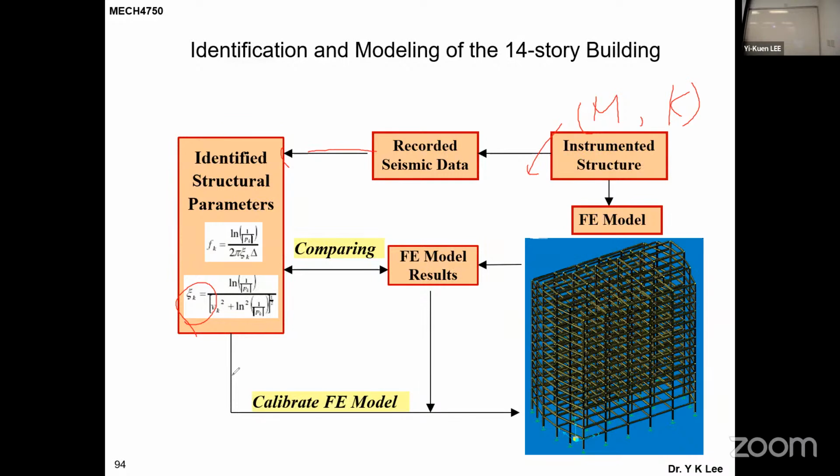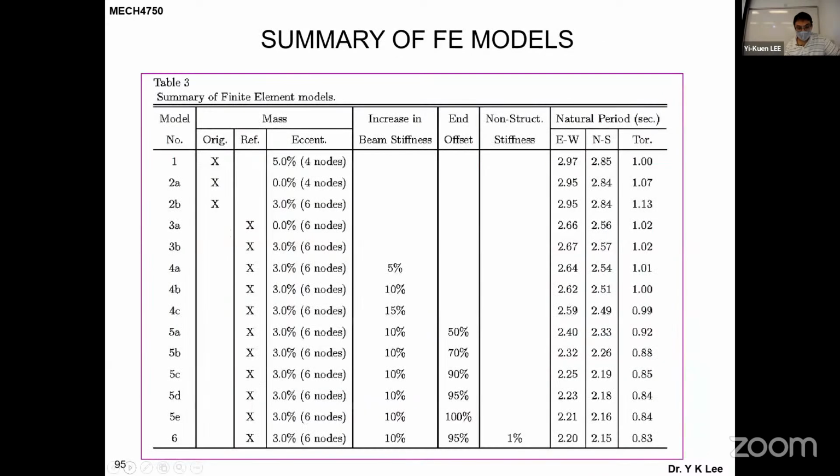Right, so I think that is an important way to leverage both computer modeling and vibration measurement. That is something important for you to understand. Of course, here I already showed you their FEM simulation result.